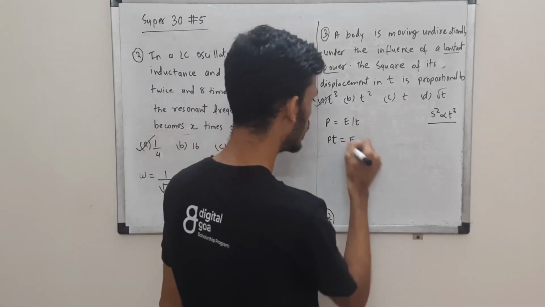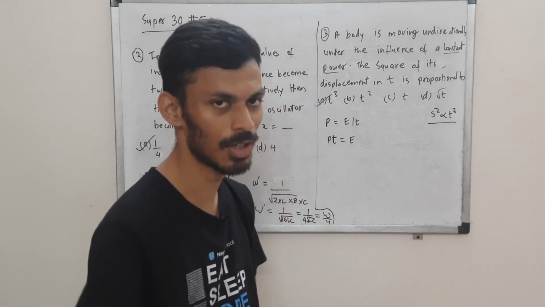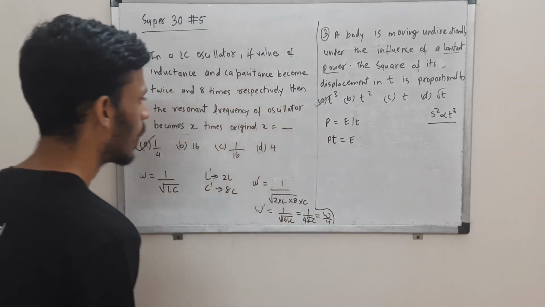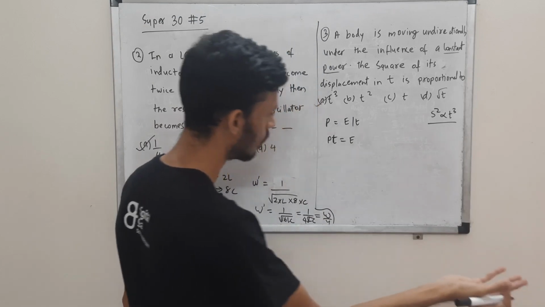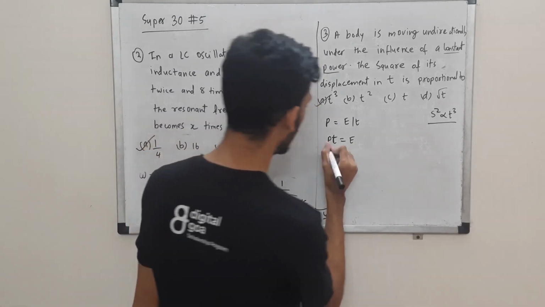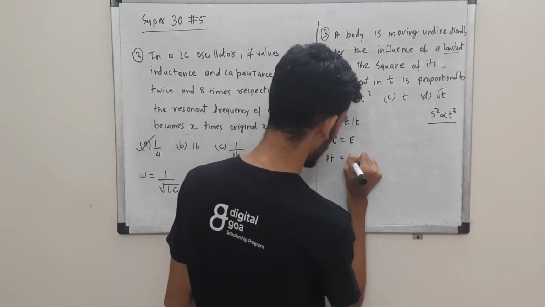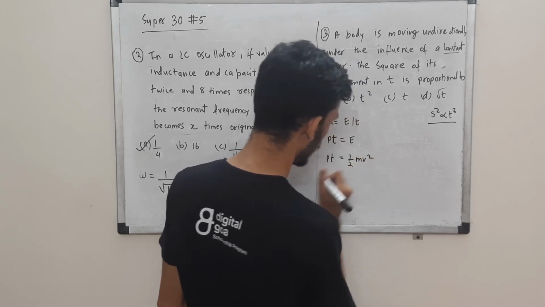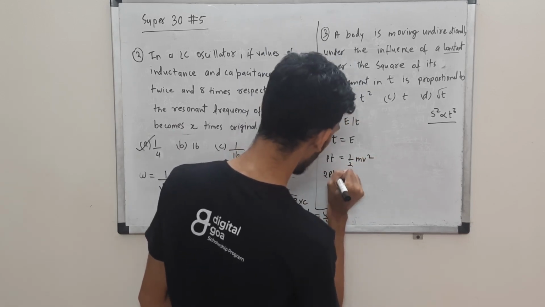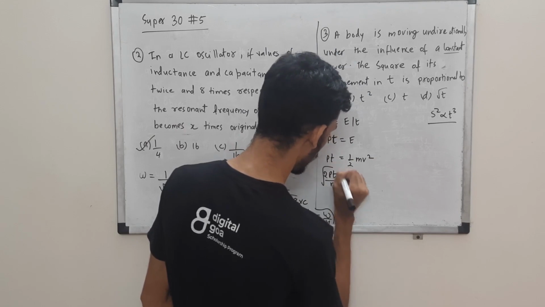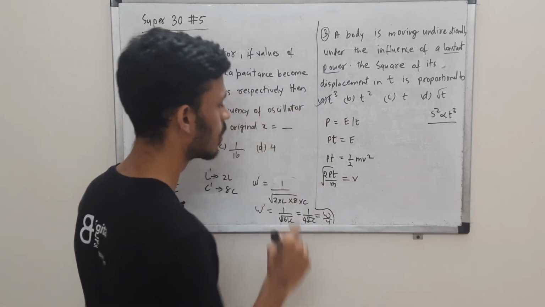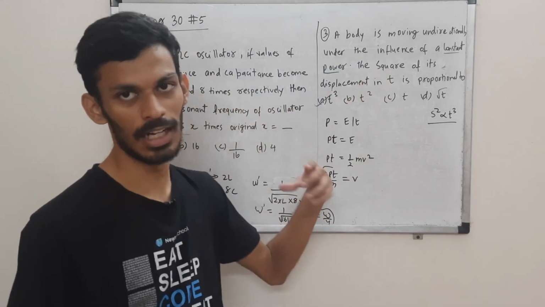Now energy, I have to express it in terms of displacement. I could have used the work formula, or I can also use kinetic energy. I can write this as half mv square, so v will be under root 2Pt by m. Because from v we can find s, the displacement.